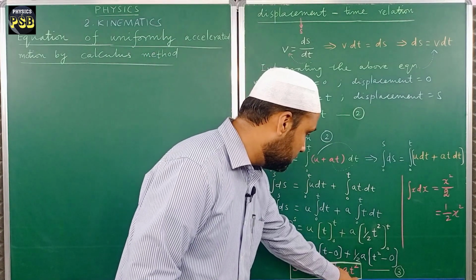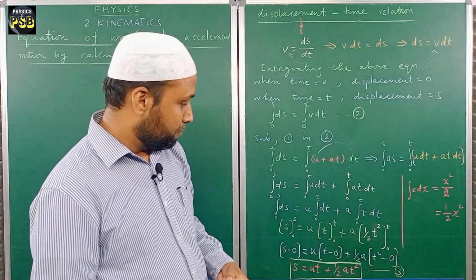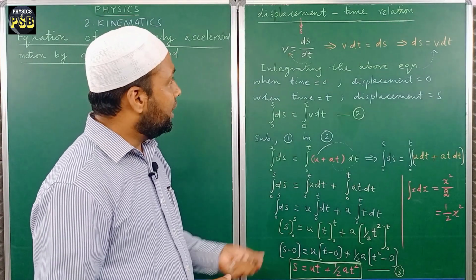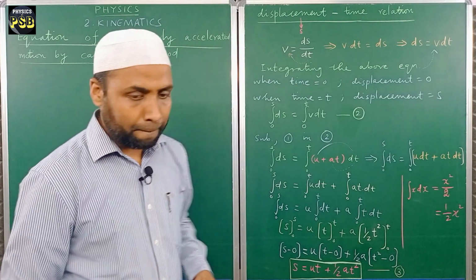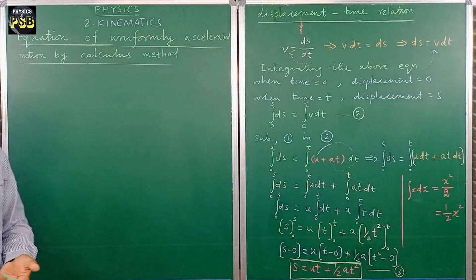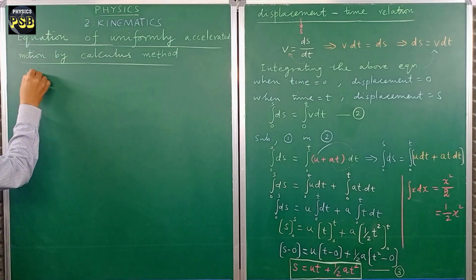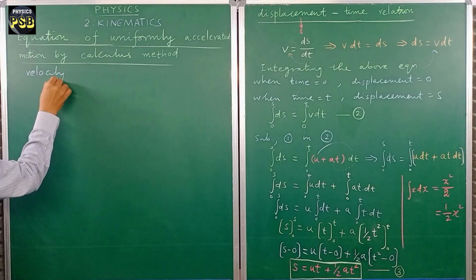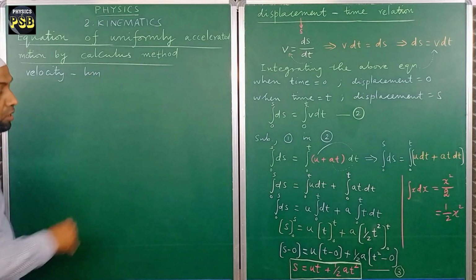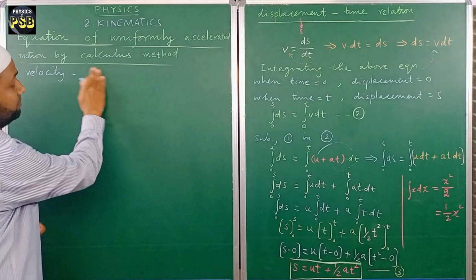The term time is present here twice. So it is simply called the time and displacement relation. Now the third equation of motion is referred to as the velocity displacement relation.